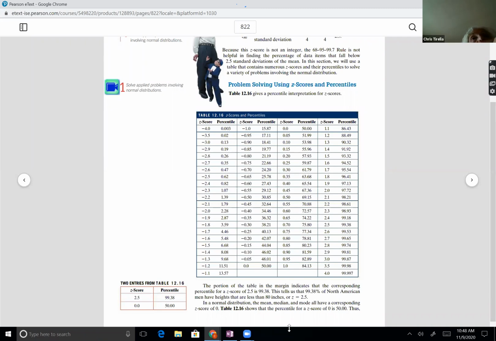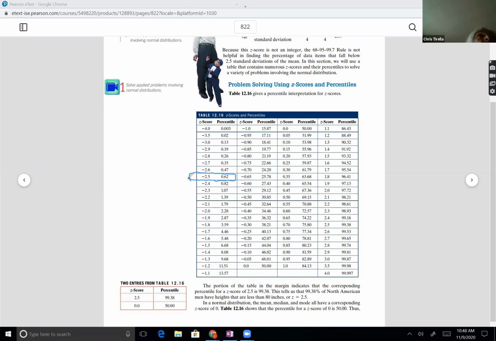I think when we were looking at comparing a 5-foot tall man and a 6-foot tall woman, for the 5-foot tall man, we had a z-score of negative 2.5. And so do you see with that z-score of negative 2.5, that guy was at the 0.62 percentile.